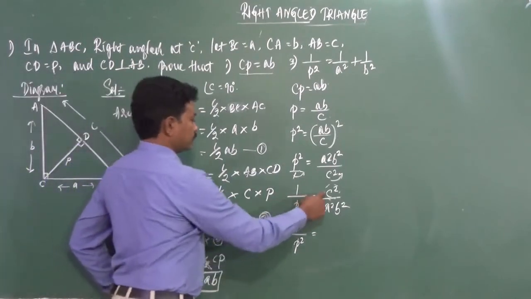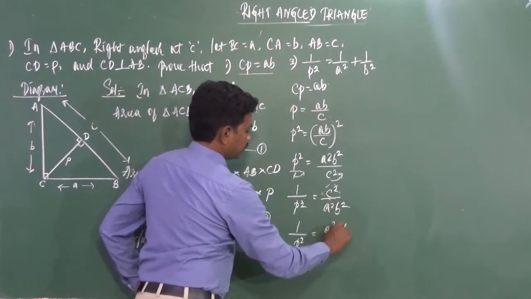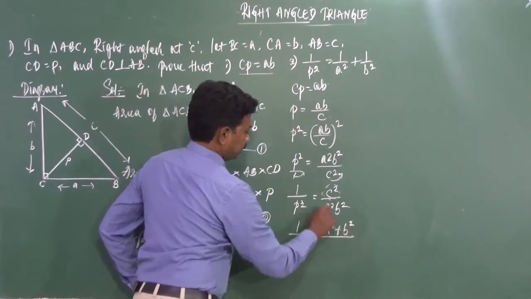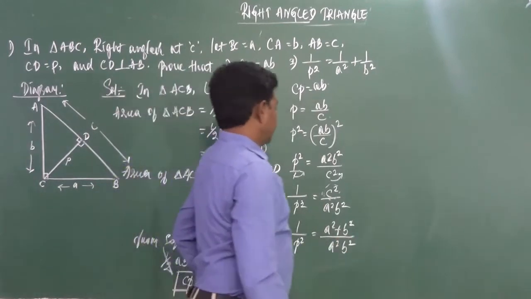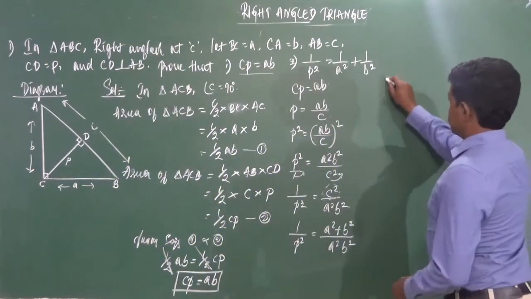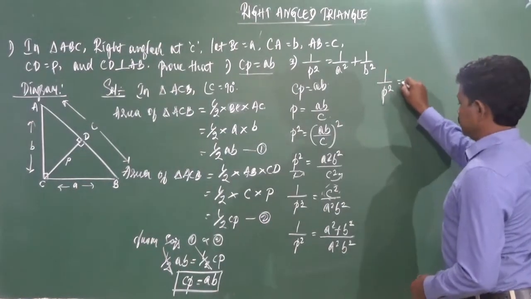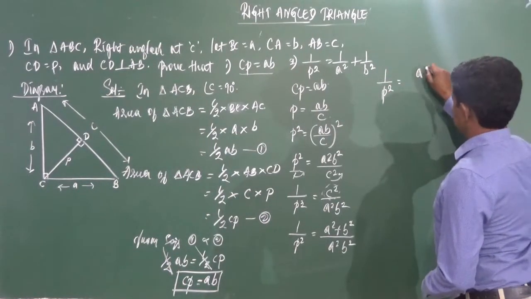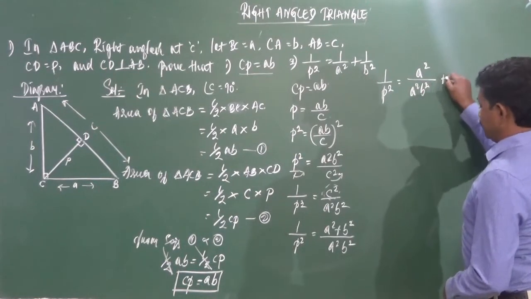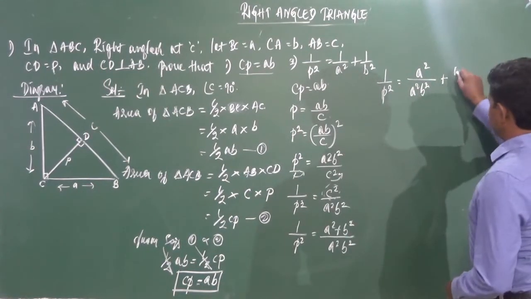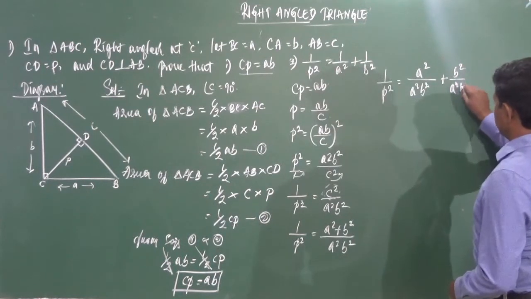So instead of this c square, we can write a square plus b square by, again we'll repeat this, a square b square. So 1 by p square is equal to, you can split this as a square by a square b square plus b square by a square b square.